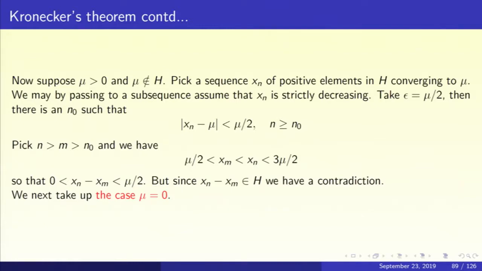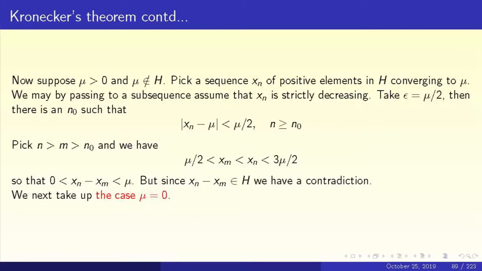By passing to a subsequence if necessary, we may assume that xn is strictly decreasing. Every sequence has a monotone subsequence. That's a general fact. And since the subsequence converges to the infimum, it can be strictly decreasing.